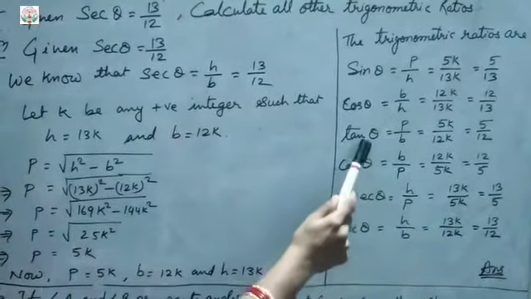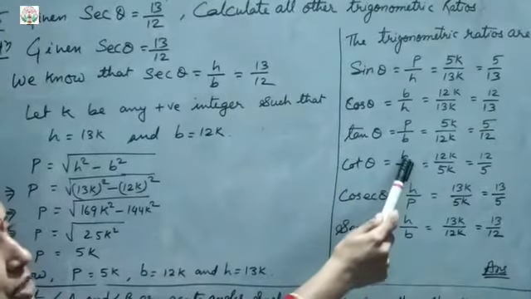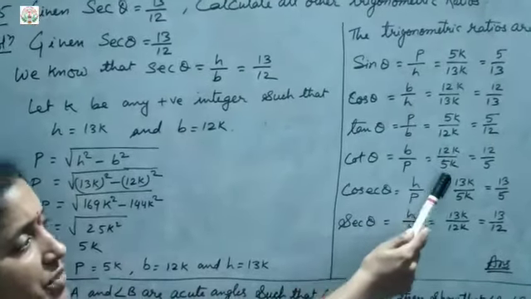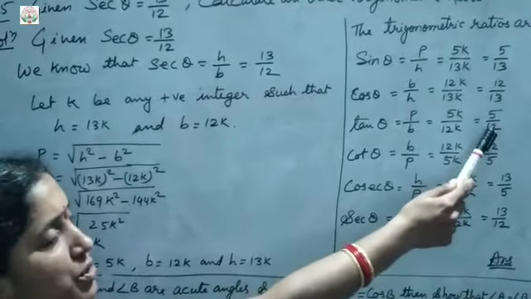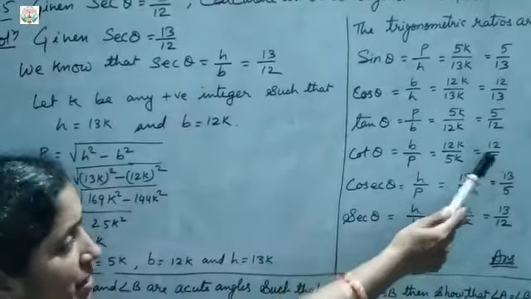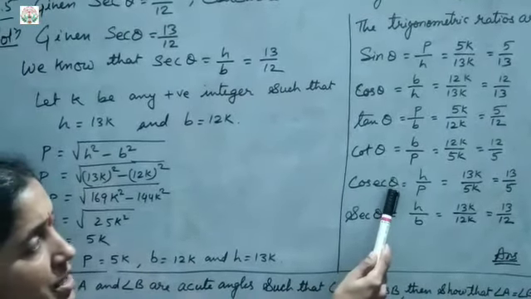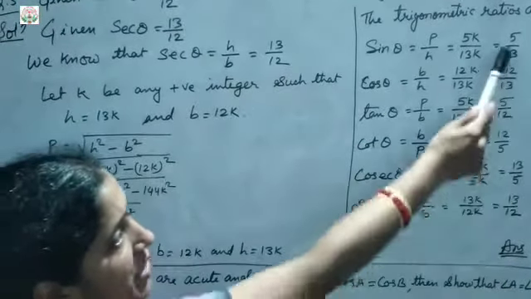Cot theta, we know, is the reciprocal of tan theta. So B upon P, which is 12K upon 5K. Just the reciprocal of tan: tan is 5 upon 12, so cot will be 12 upon 5. Same way cosec theta is the reciprocal of sin theta, so it is 13 upon 5.